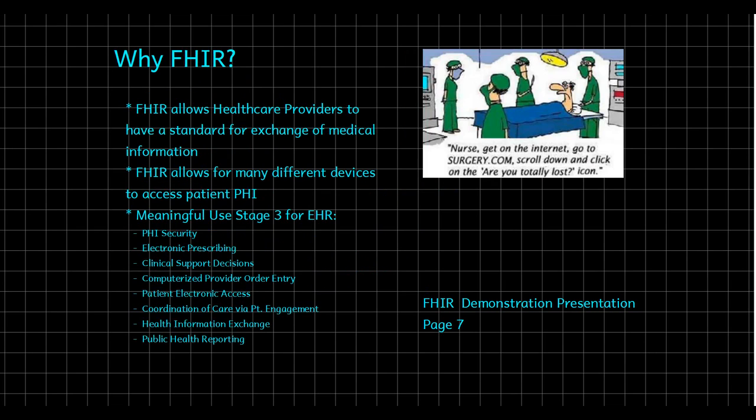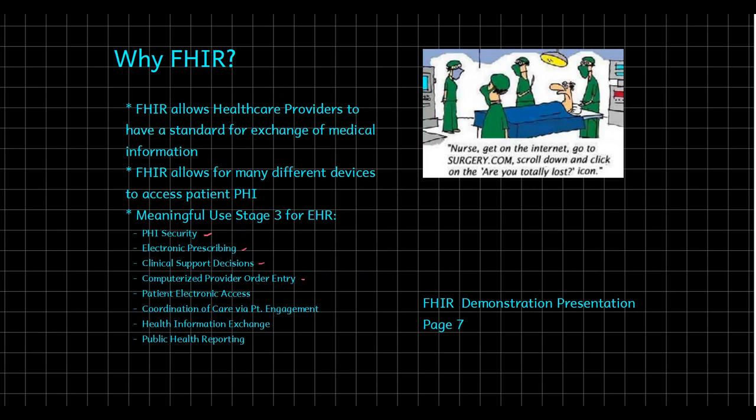So what is FHIR? FHIR really allows us to exchange information between health providers, and it also allows us to take care of personal health information. And the main focus here is stage 3 for electronic health records, the idea that we're looking at PHI security, we're looking at electronic prescribing. There are certain benchmarks that have to be met for all of these. Clinical decision support, not just one doctor, but we can look at whether or not we have drug interactions.